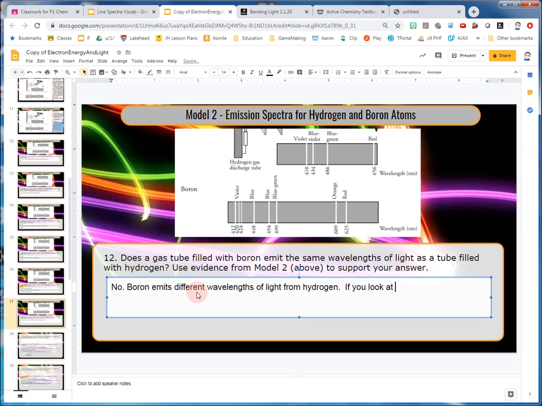If you look at the two spectra, the colors, wavelength, measurements, you don't have to put measurements. Colors, wavelengths are different. That's good enough.